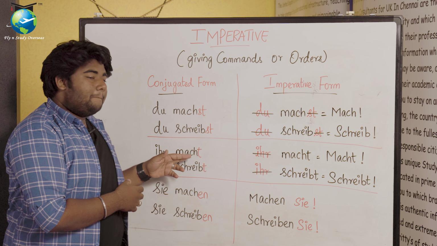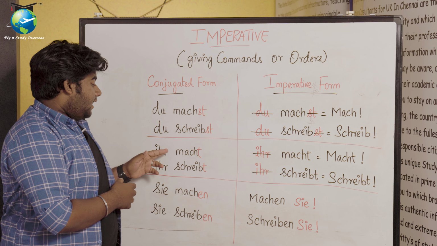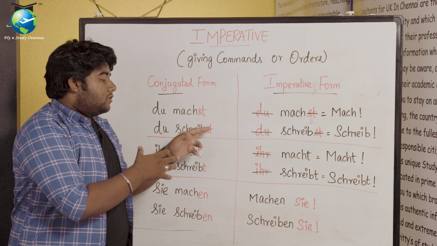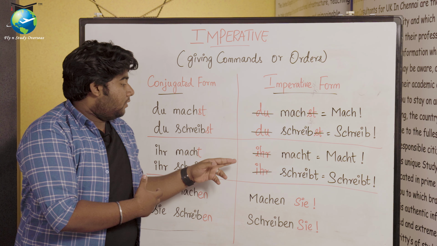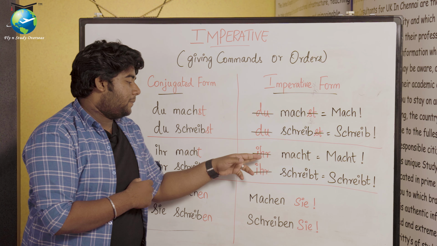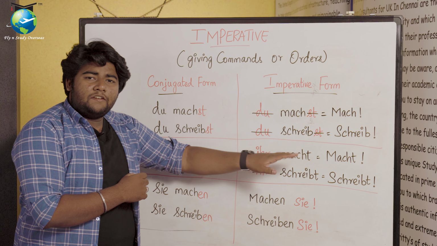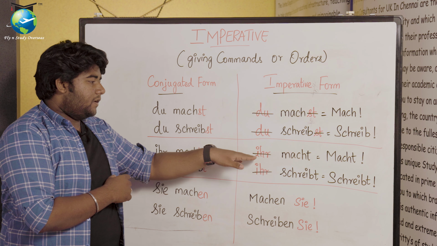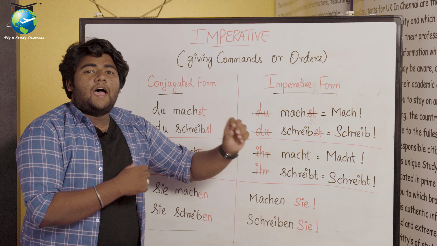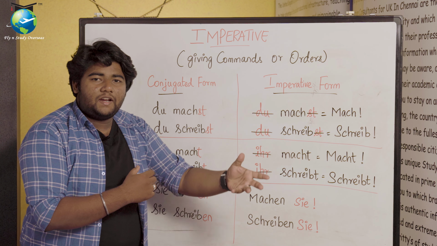See, ihr macht. This is the regular conjugation rule. But when it goes to imperative, you have to remove the person and leave the ending. Leave the verb just like that. Without the person, you write macht, which means do, again in a commanding form.